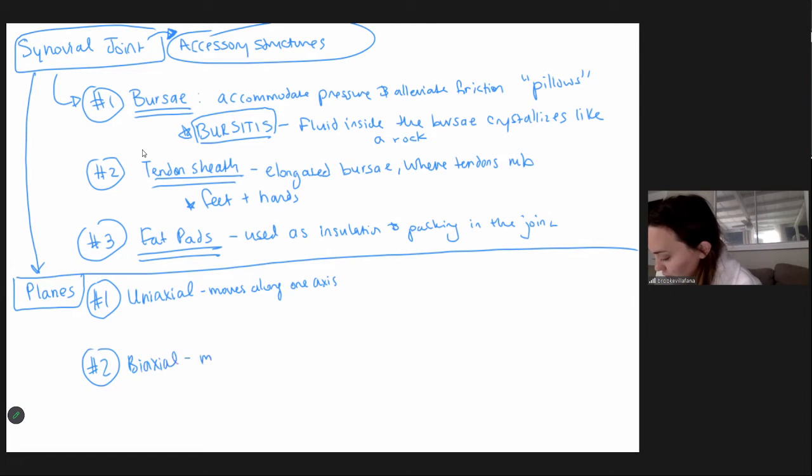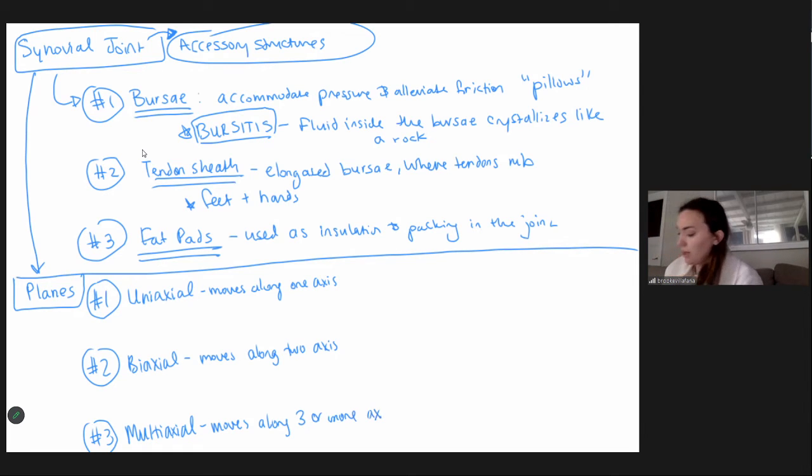And this moves along 2 axes. And then lastly, there's the multi-axial plane. This moves along 3 or more axes. An axis means, once we show the examples, it will make more sense.